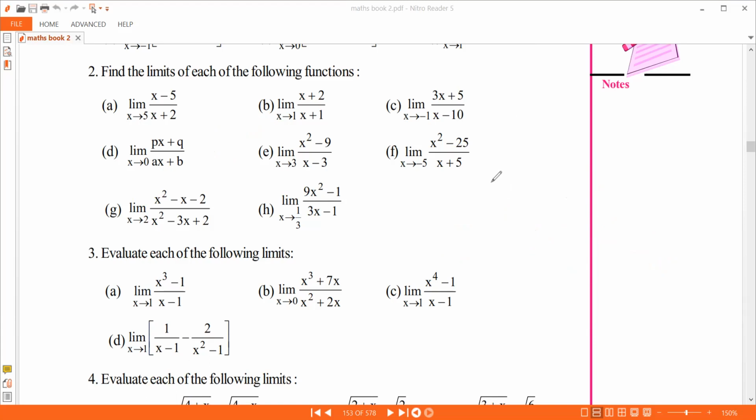First we have to write the question again. x square minus 9, x tends to minus 5, divided by x plus 5. So we have to write this as lim x minus 3 and x plus 3. Why minus 3 is coming?